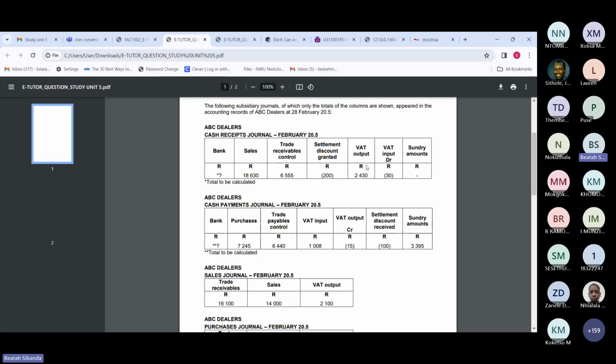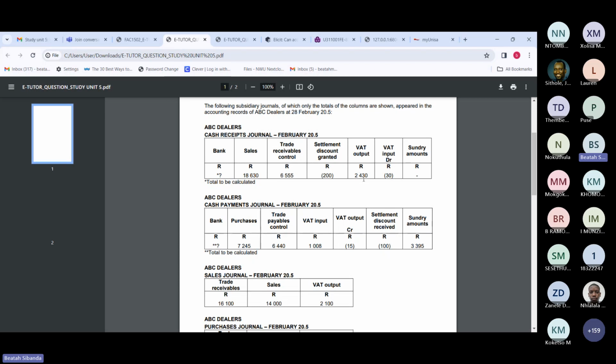So since VAT output has been credited, how then do you reduce a credit? You are going to debit. So when you reduce the VAT, you debit the input. When you debit the input, you are increasing the amount that you can claim from SARS.